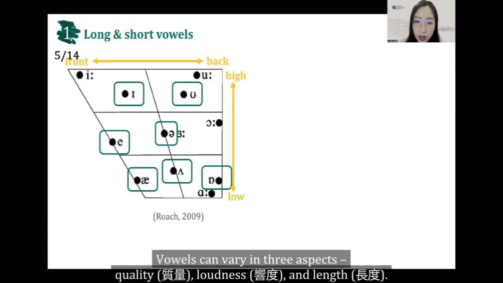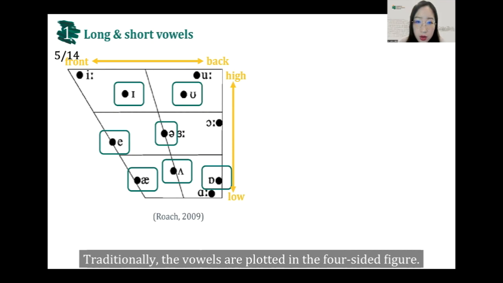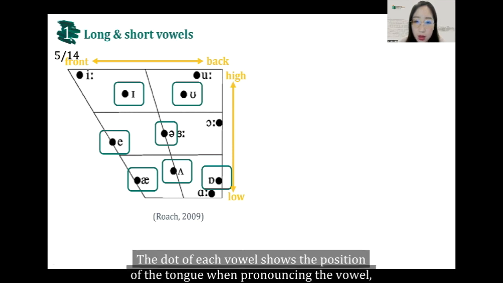Vowels can vary in three aspects: quality, loudness, and length. Traditionally, the vowels are plotted in the four-sided figure. The four-sided figure is a representation of the space in our mouth. The dot of each vowel shows the position of the tongue when pronouncing the vowel.